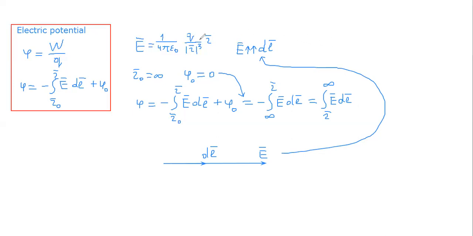And in this case, what do we have? In this case, we have scalar product. E dl is equal to E dl cosine of 0 angle, and it is equal to E dl.